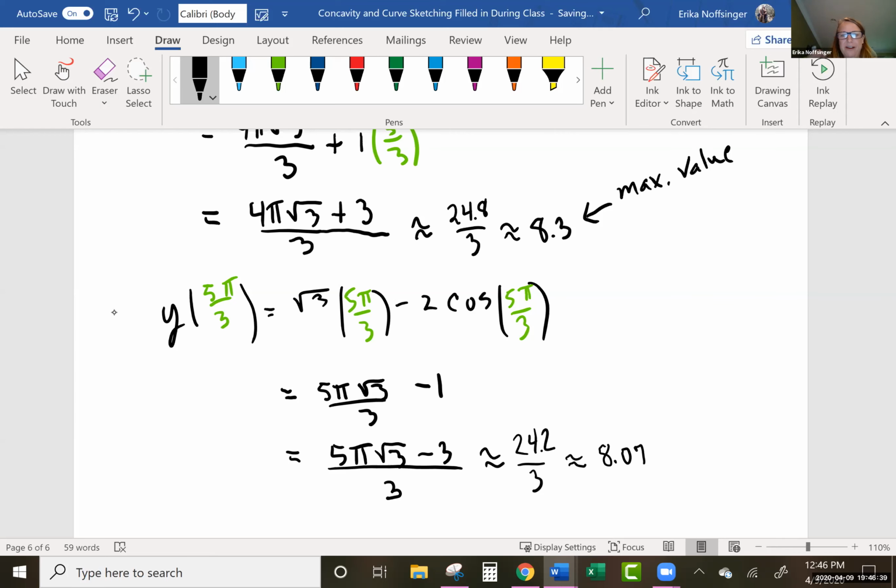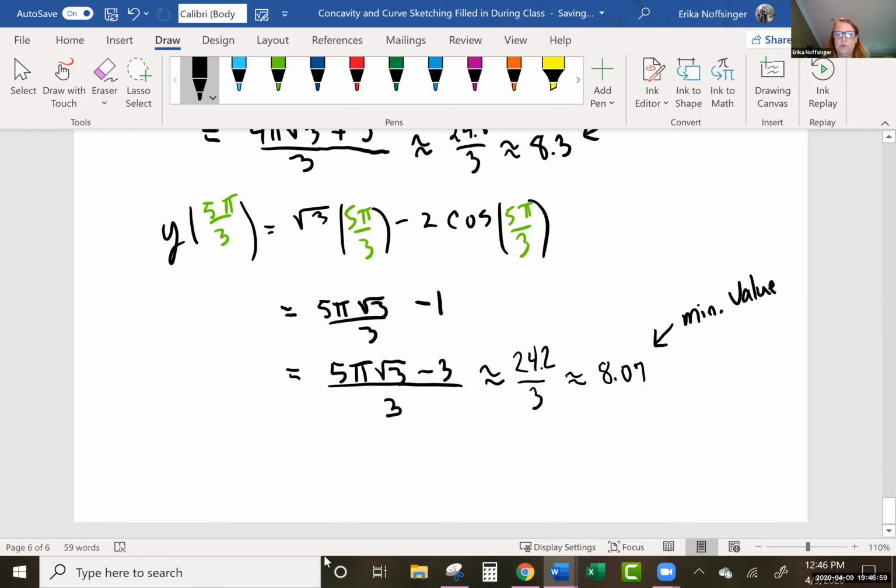Okay, so that's not a very big difference between our max and our min value. That's where our min occurs. Or that's our min value. The min occurs at 5 pi thirds.